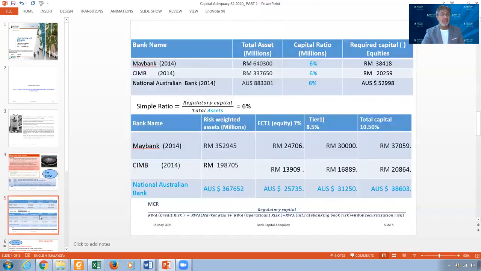Now, I take a real example. I take the data of Maybank, CIMB, and National Australian Bank. I take the total assets in 2014, and I apply the 6%. This 6%, as I told you, was applied before 1989.